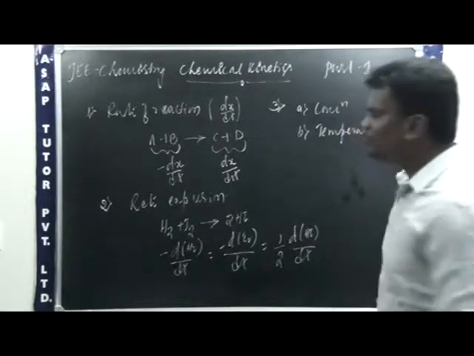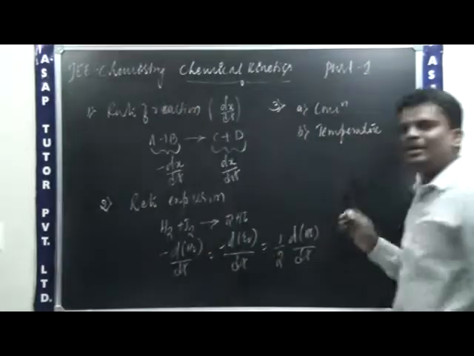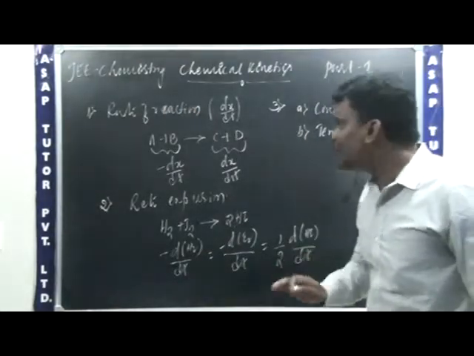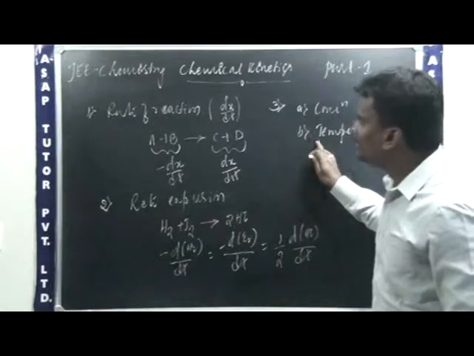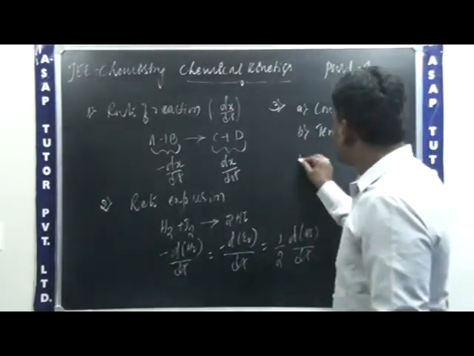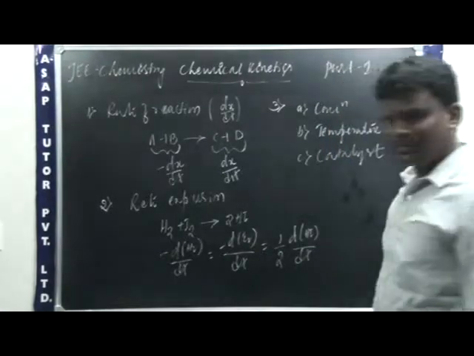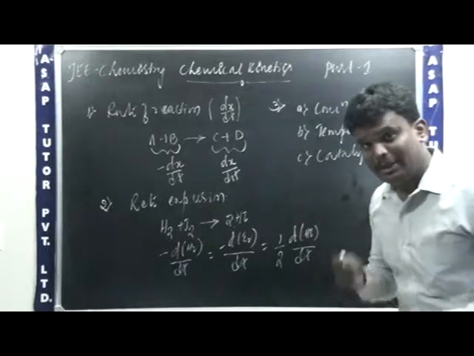Now the question arises: how does temperature affect the rate of reaction? According to the Arrhenius equation, or Arrhenius concept, we can conclude the rate of reaction depends upon temperature. Then the third point is catalyst. First of all, what is meant by catalyst?